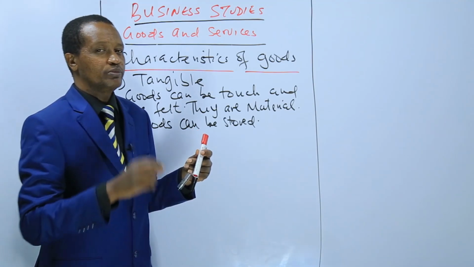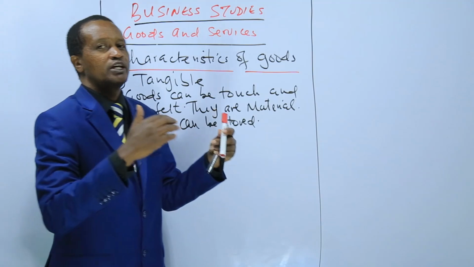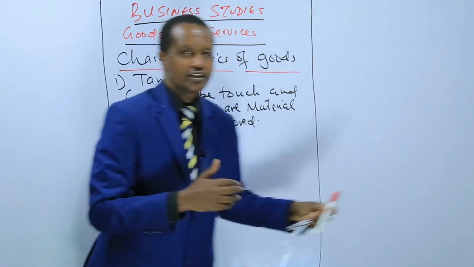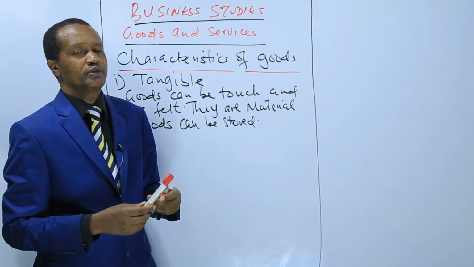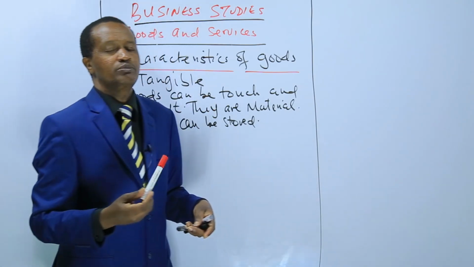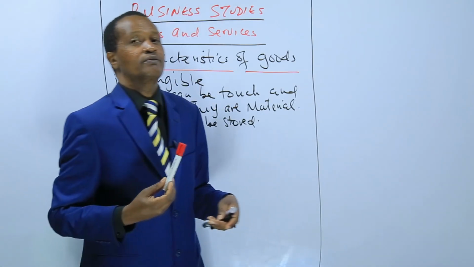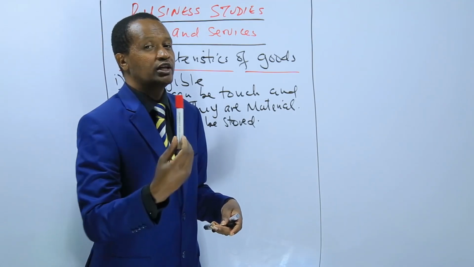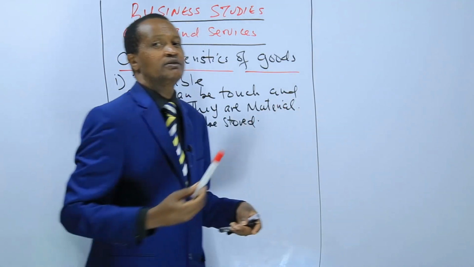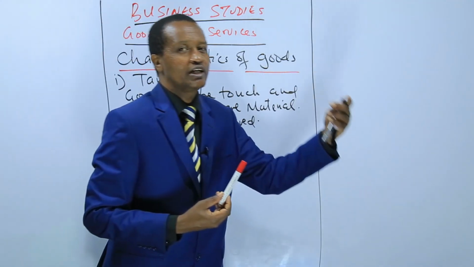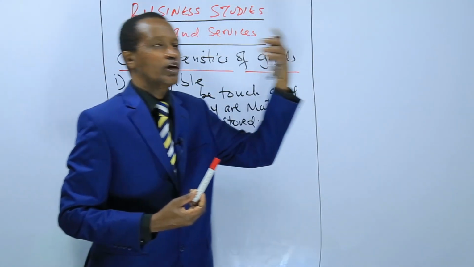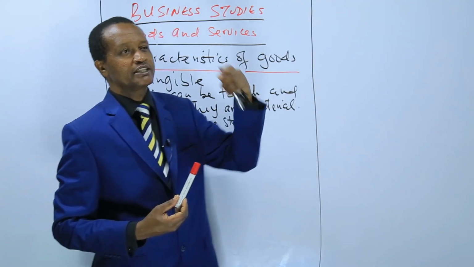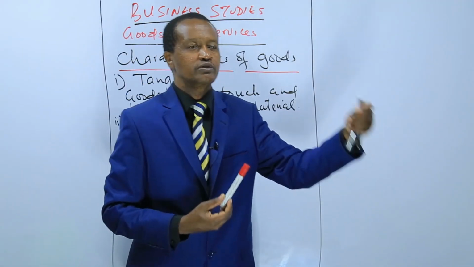But it's good to also remember, learners, that some goods can be stored for longer periods than others. This pen can be stored and be used after 1 year. But a tomato cannot last for 1 month. And these goods that can last for a longer period of time without getting spoiled are termed as durable goods.